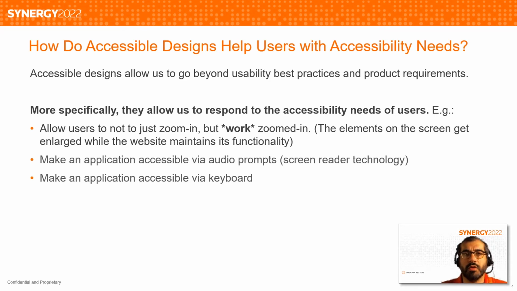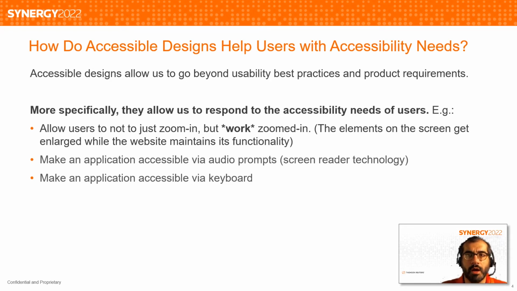When you zoom in, as you know, the screen elements get larger, but what's important is for the website to still maintain its core functionality. As you zoom in, a button that's important to get your task done shouldn't just get pushed out of the way, and you shouldn't have to just scroll to find it.